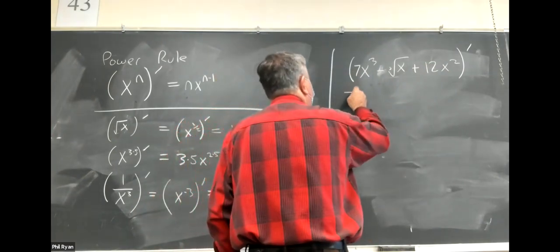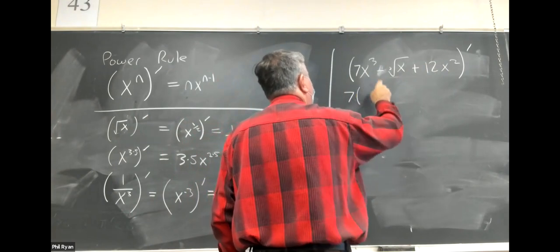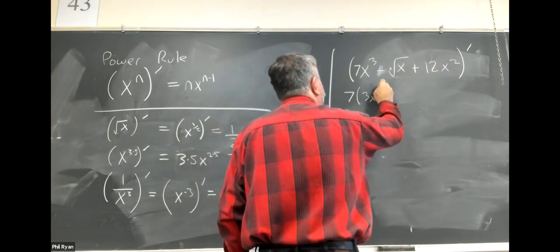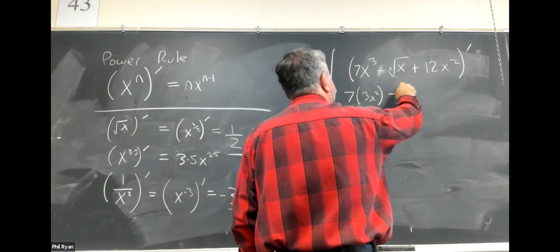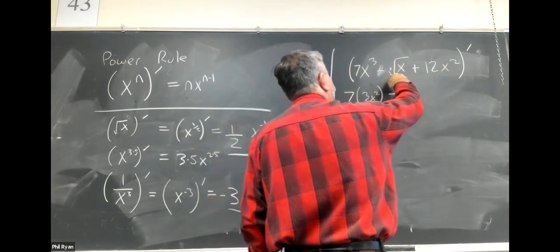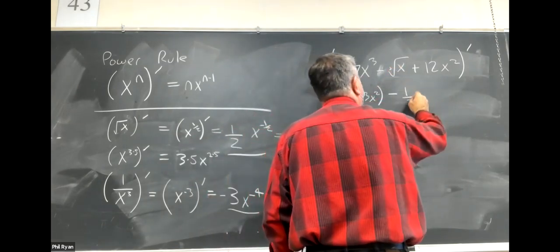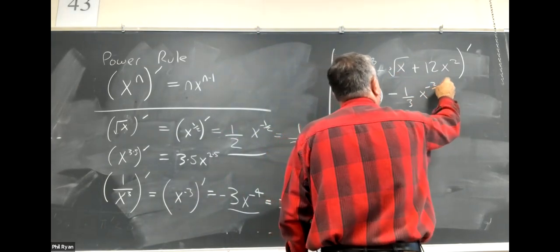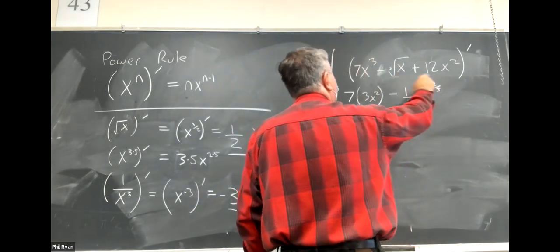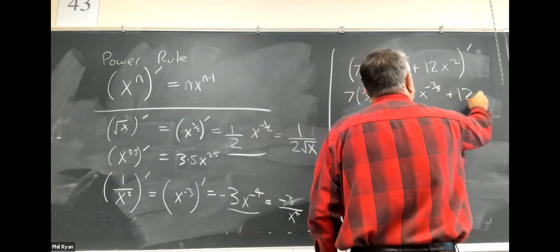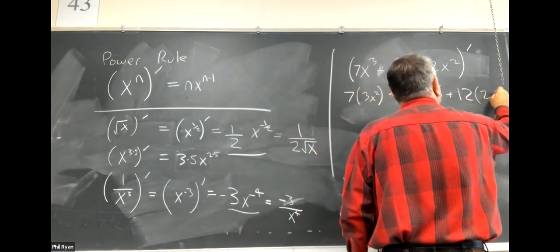So it's 7 times the derivative of x cubed, which is 3x squared, minus the derivative of x to the 1/3, which is 1/3 x to the minus 2/3, plus 12 times the derivative of x squared, which is 2x.